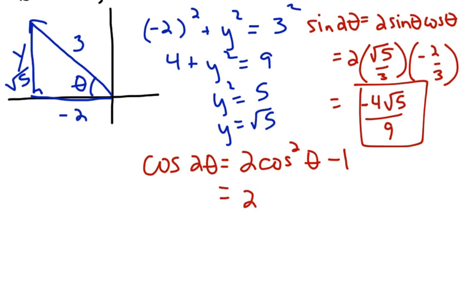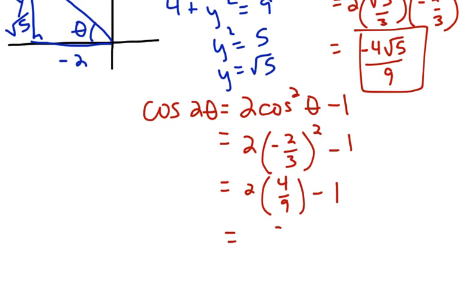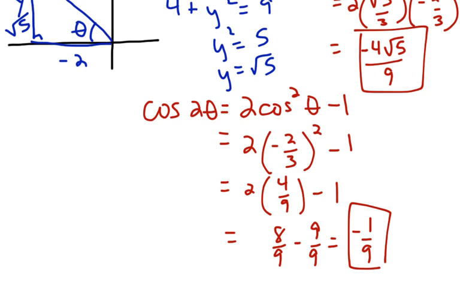You can use the other one; it's just that it's a little bit nicer math using this particular formula. So, order of operations: first you square and get 4/9. Then you multiply by 2 and you get 8/9. And 8/9 minus 9/9 is negative 1/9. So the cosine of 2 theta is negative 1/9.